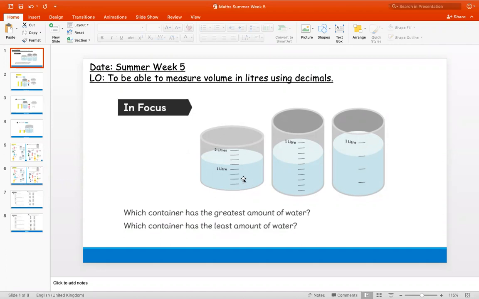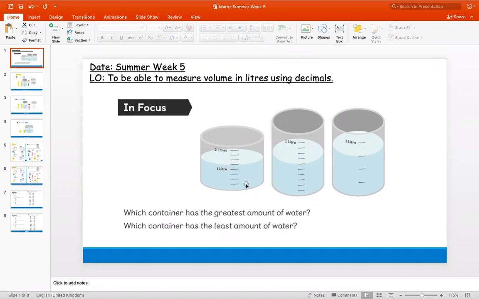So it's counting in a certain number, and we've done this previously, so you should all be able to count up. The number is 25, so it goes 25, 50, 75, or 100.